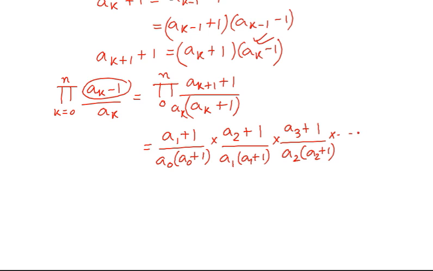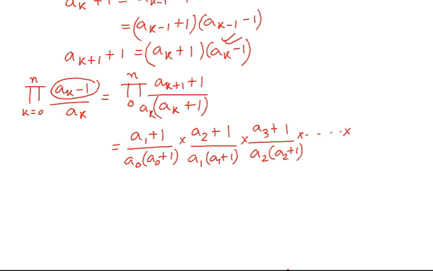So this continuous product will continue up to the last one, where we'll be putting k equal to n. So that is going to be a_{n+1} divided by (a_n plus 1) into a_n. So you can see that in this telescopic product, these factors are getting cancelled out according to the telescopic concept.